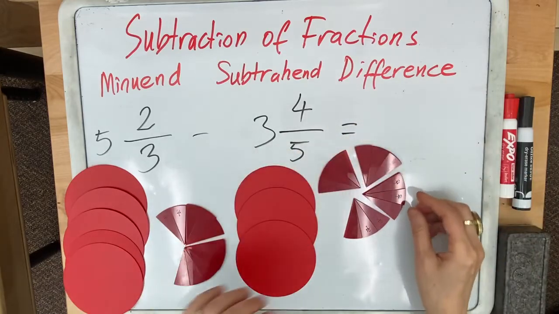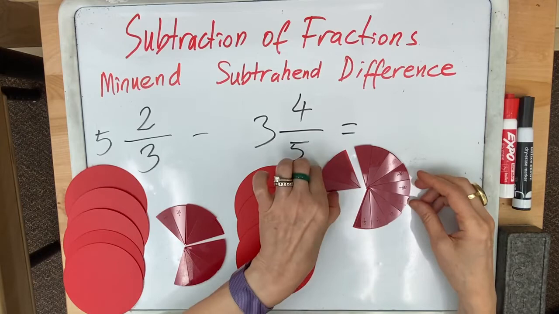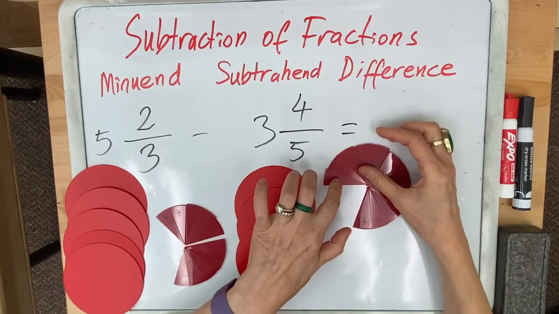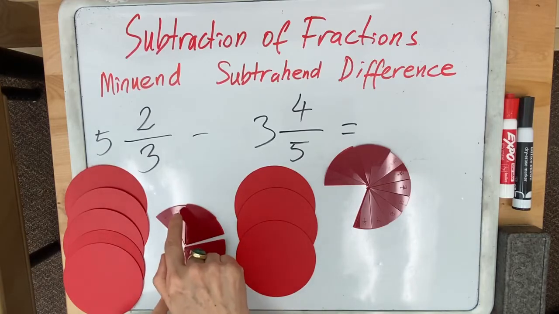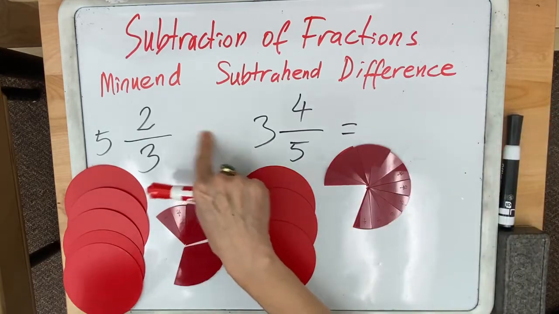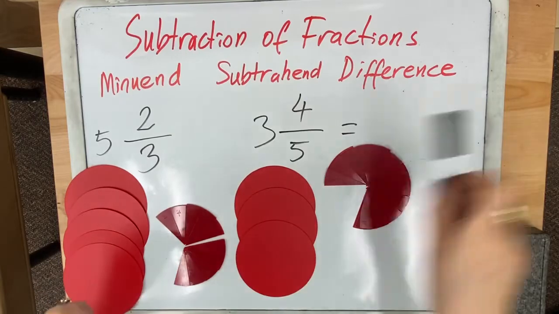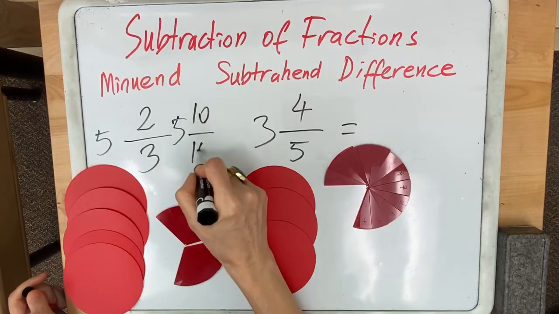All right. And now I have, yeah. So let me see how many pieces I have here. 1, 2, 3, 4, 5, 6, 7, 8, 9, 10. Okay. 5 and 10/15.